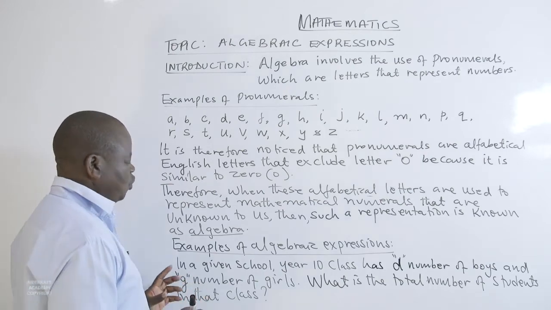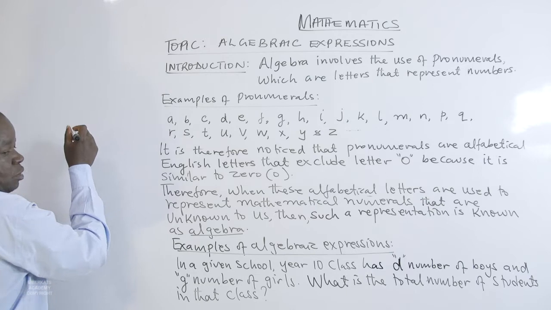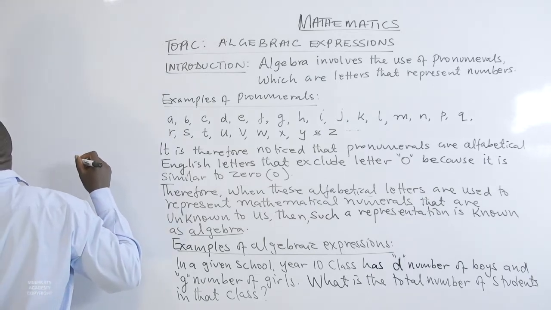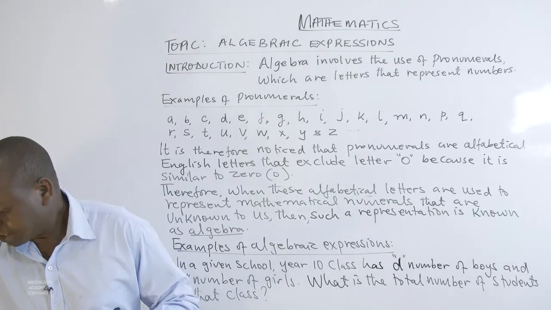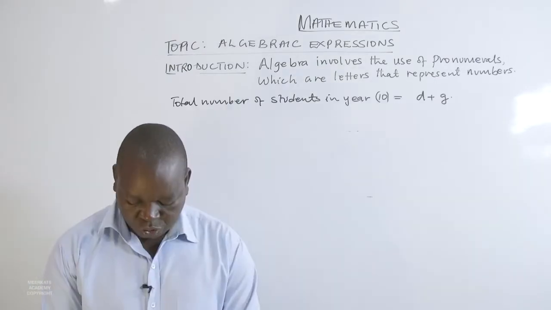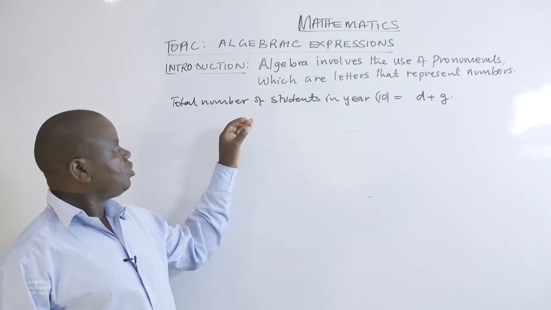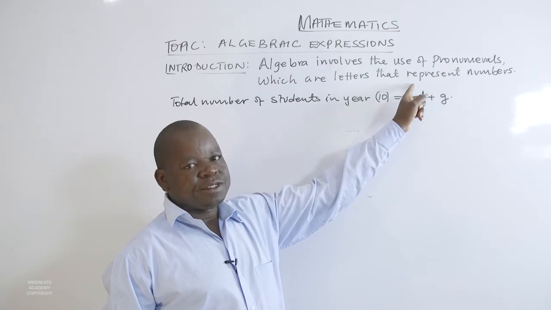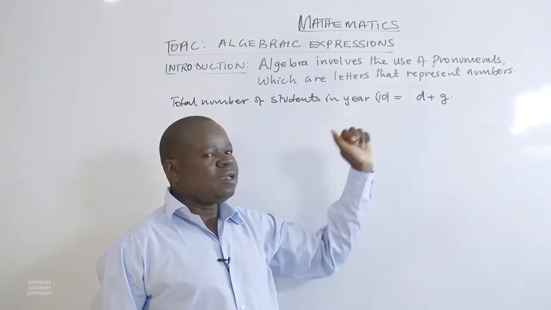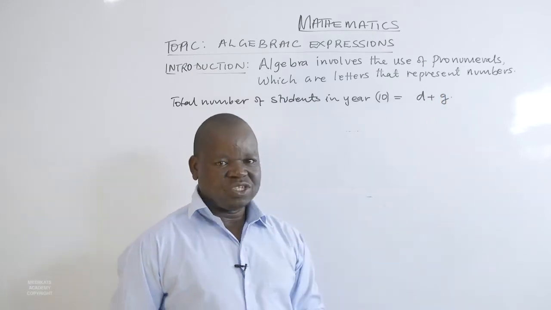So the total number of students in year 10 will be given by the number of boys, represented by D, plus the number of girls, represented by G.